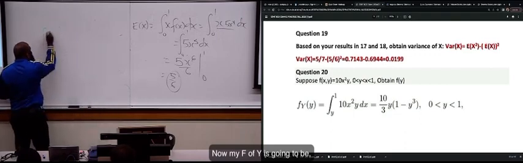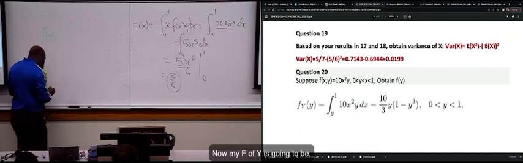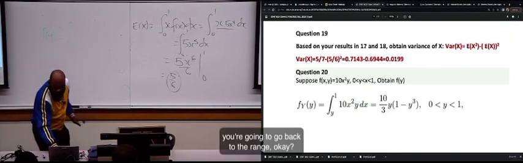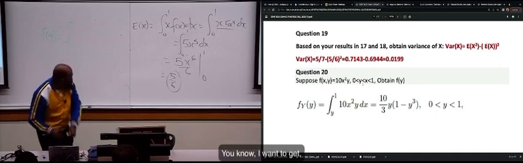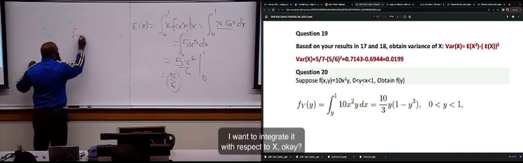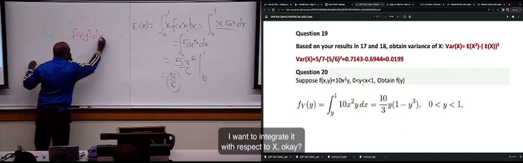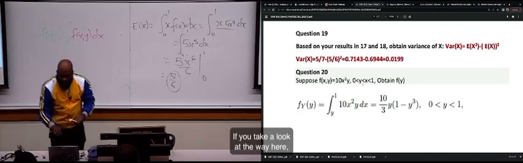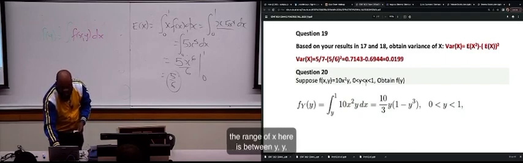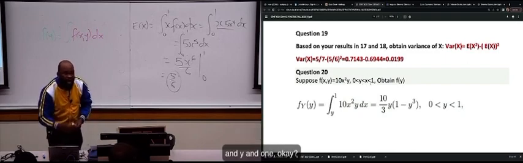So my f of y is going to be, you go back to the range. I want to integrate with respect to x, so I need the range of x here. If you look here, the range of x is between y and 1.